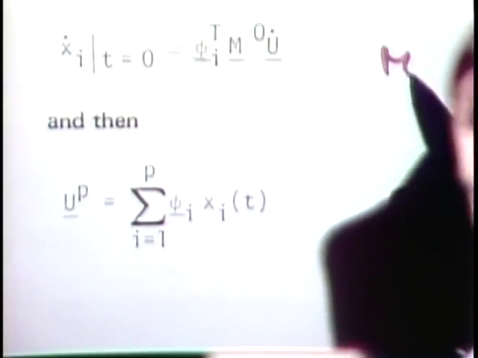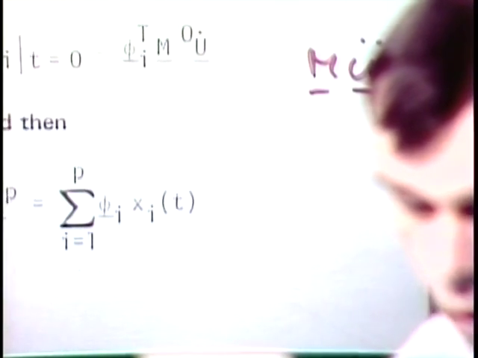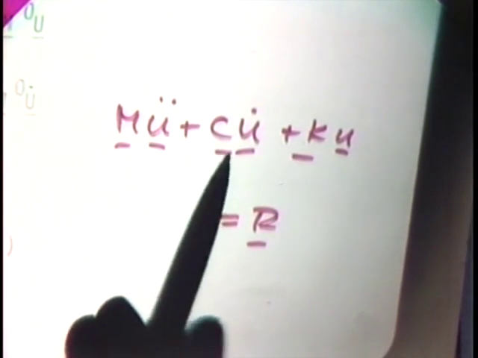the dynamic equilibrium equations now being M u double dot plus C u dot plus K u being equal to R. Notice we have a C matrix in here now.